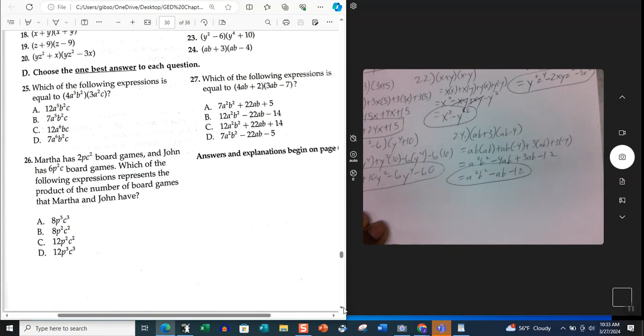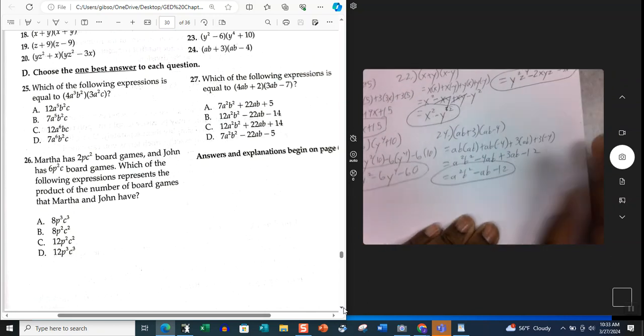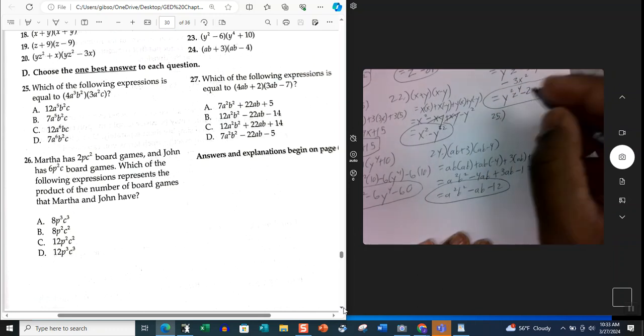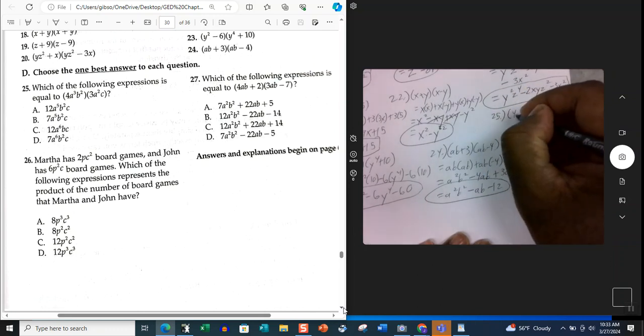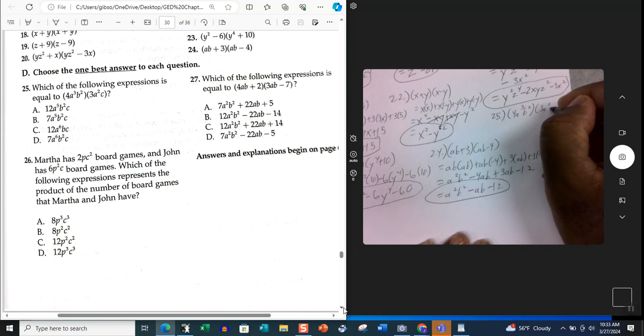Now, we have problems 25, 26, and 27. It says choose the one best answer to each question. Which of the following expressions is equal to this here? So, let's go here to problem 25. Problem 25, we have 4a cubed b squared times 3a squared c.